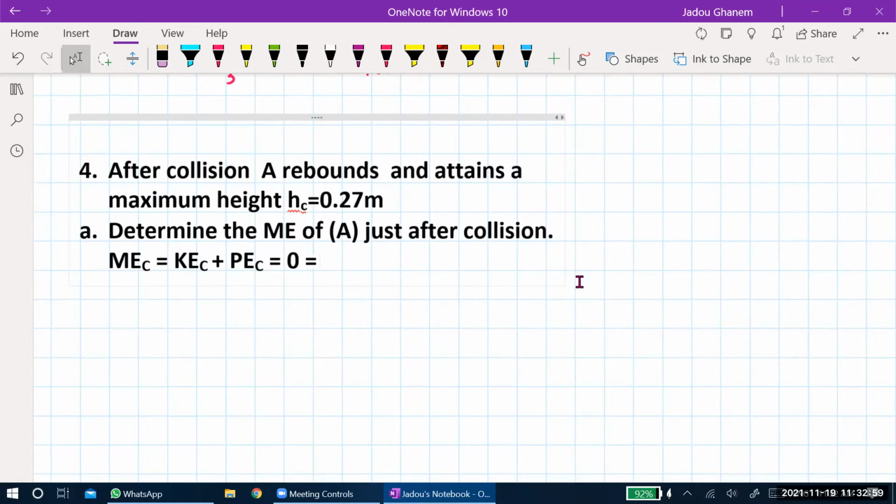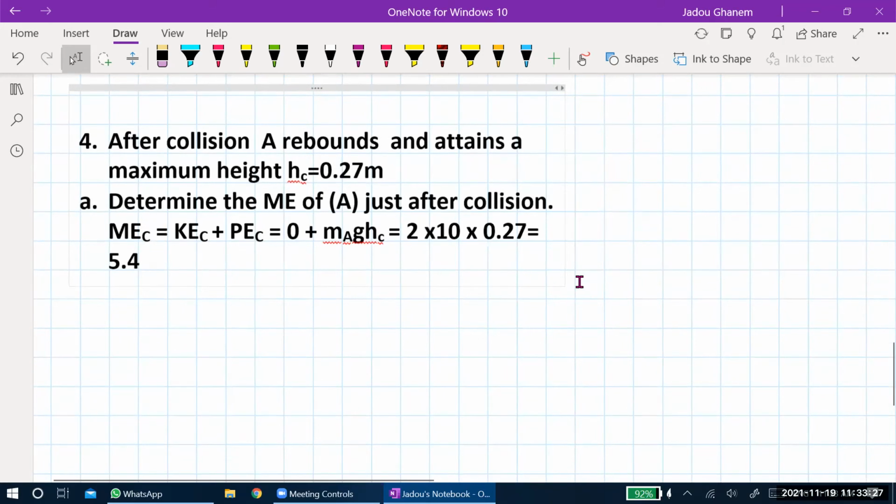So 0 plus mg hc, and here mass of A, which is equal to 2 times 10 times 0.27 equals 5.4 joules. Nice work till now.